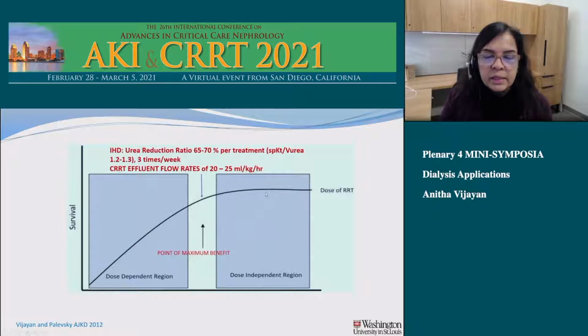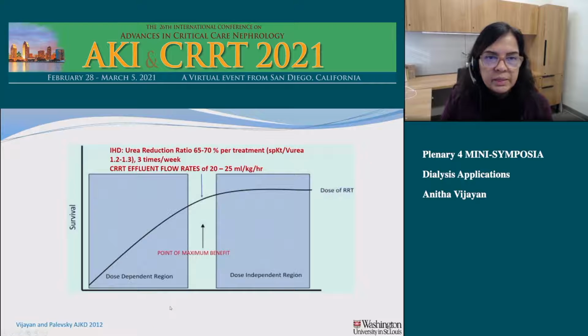Anything above that, we know that it doesn't really offer any survival benefit, and below that, we're not sure where the floor lies, right? So we don't know what is a lower amount that might be safely used. We of course know that 0 is bad.